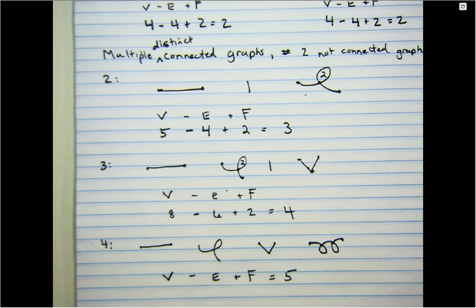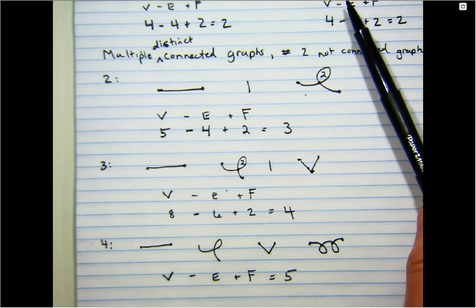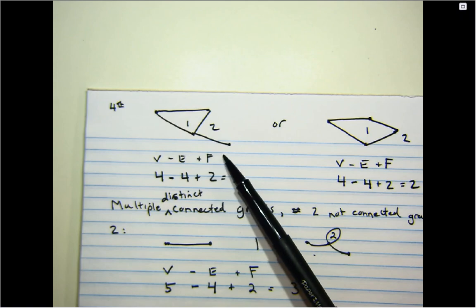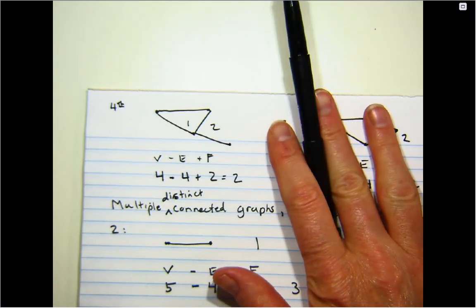Anybody have any ideas? Yes. I mean, one of those graphs can't equal one. Could you mathematically have a graph that equals one somehow? Just by itself, vertices minus edges plus faces will be 2. So by itself in a plane, it's always going to be 2.